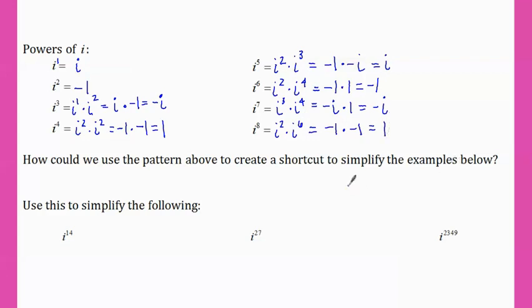Hopefully you've started to notice a pattern. We have i, negative 1, negative i, 1. i, negative 1, negative i, 1. Since we have a pattern that rotates every 4, we're going to divide the exponent by 4.